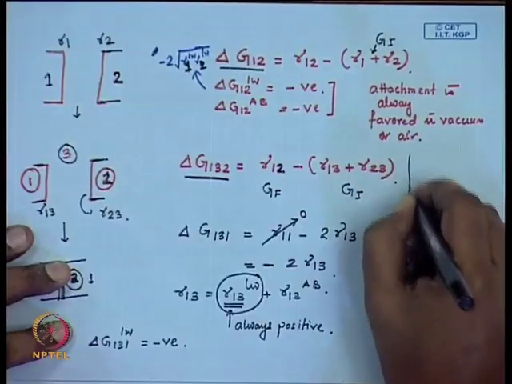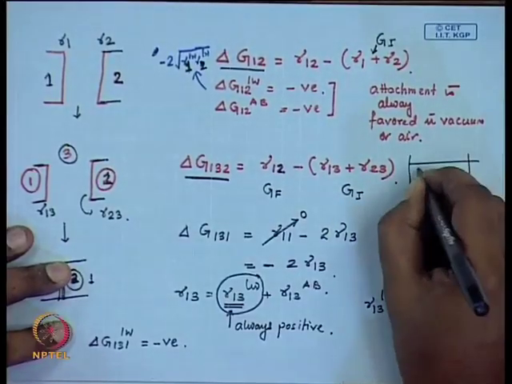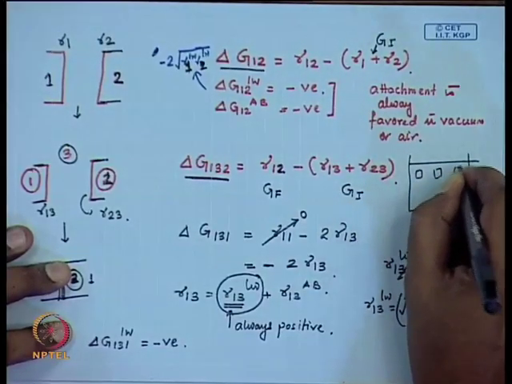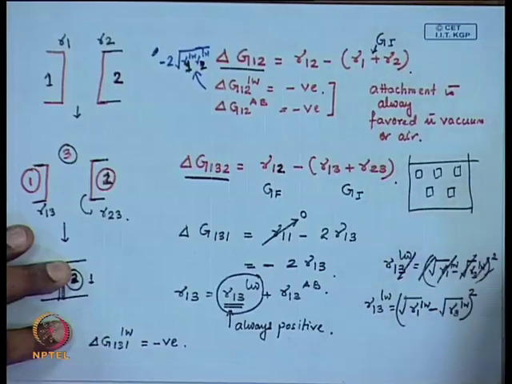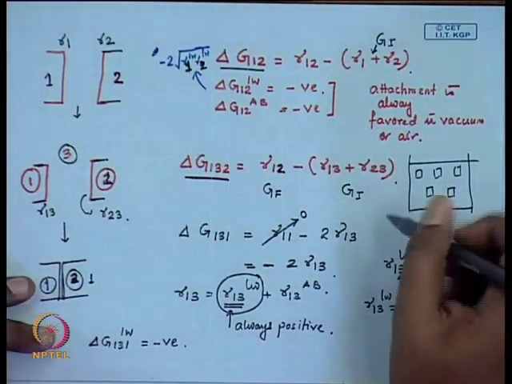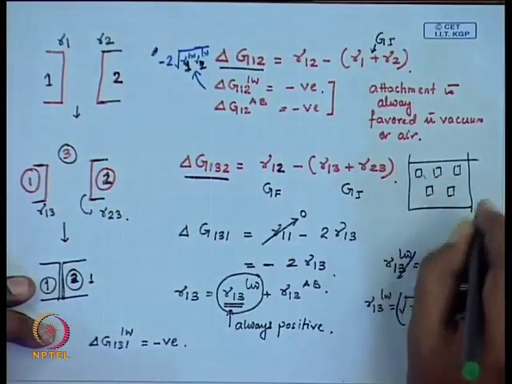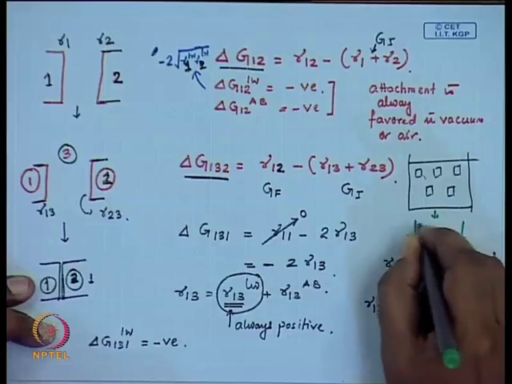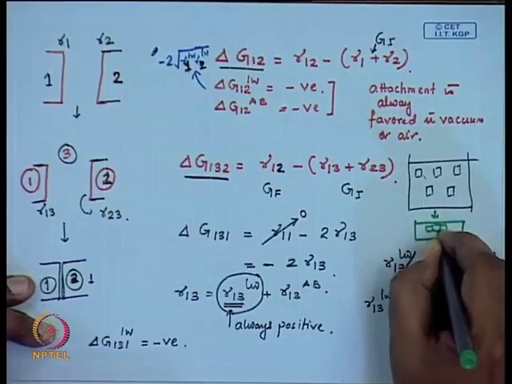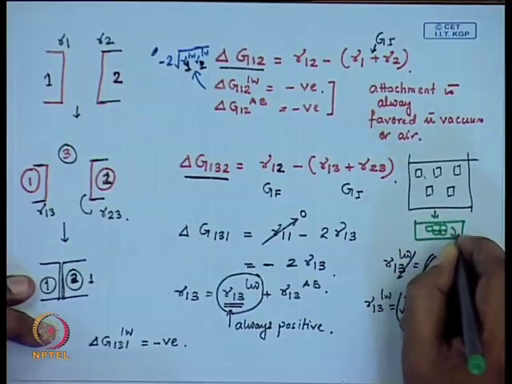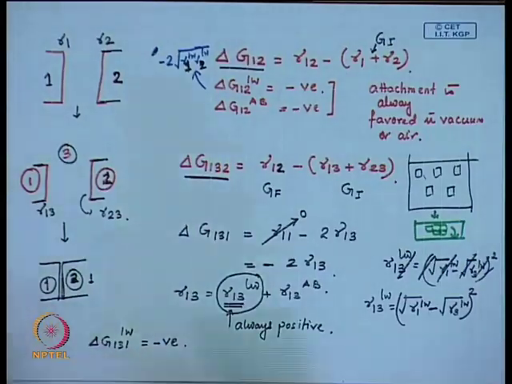Now, if two surfaces attach in a liquid medium, what you eventually are leading to is a scenario. Suppose you have lots of particles which are dispersed in a liquid medium. If they all attach to each other, you are going to get a huge chunk of material which will eventually fall down. Probably the picture is not very clear, I am sorry about it, so I will redraw it.